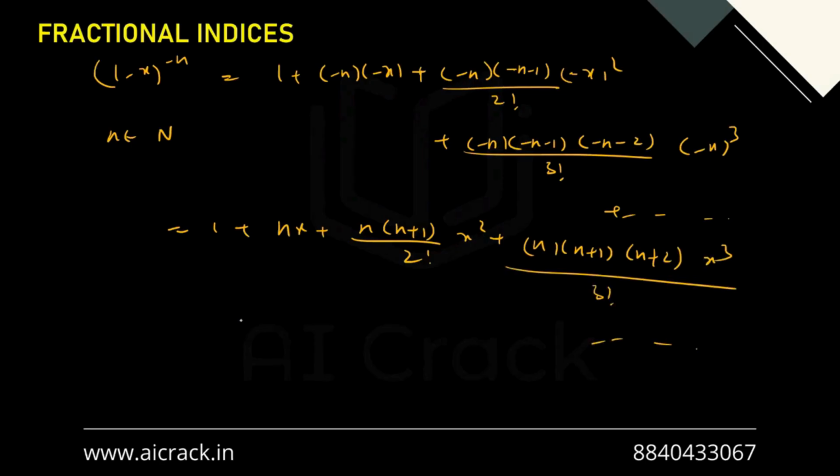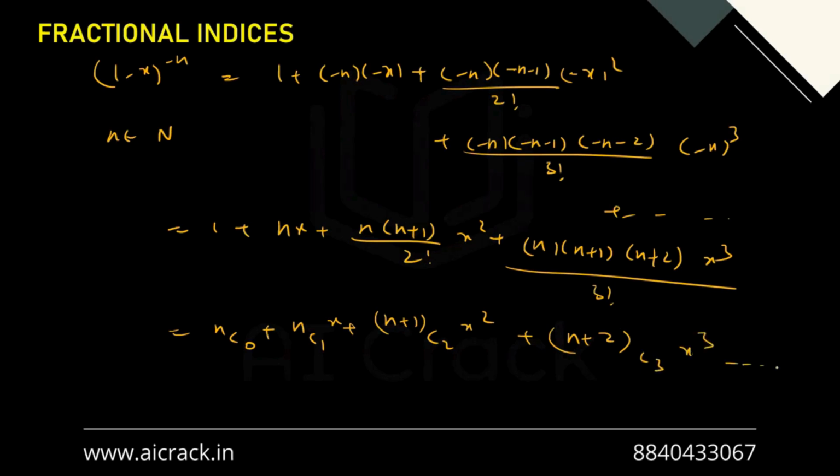So basically I can write this as nC0 plus nC1 x plus (n + 1)C2 x^2, plus (n + 2)C3 x^3 till the end, right? So basically I can generalize it.